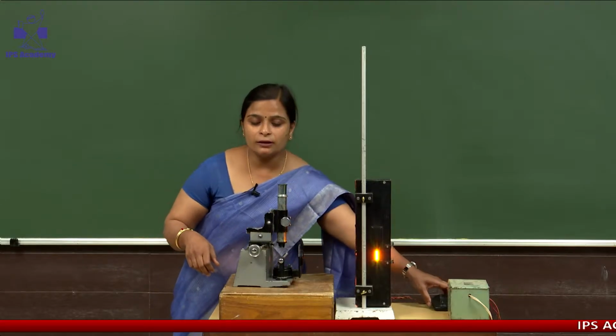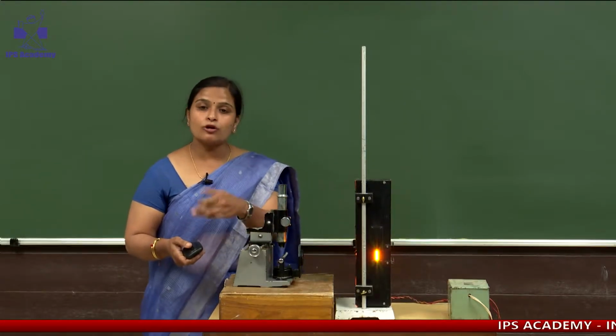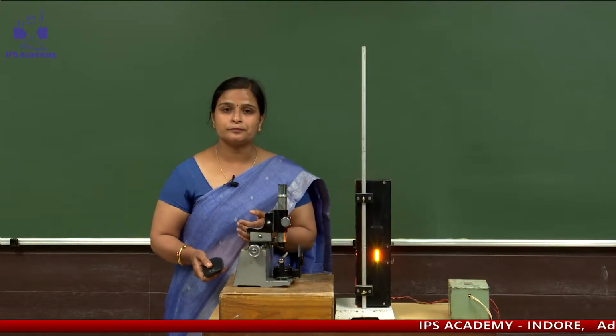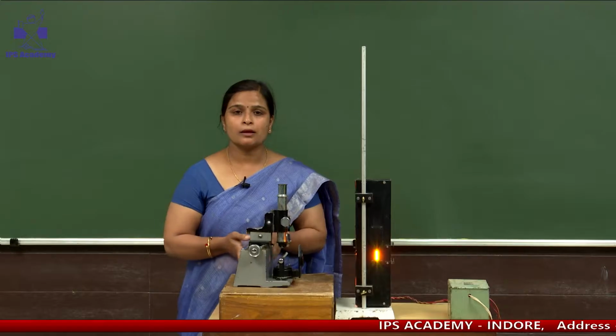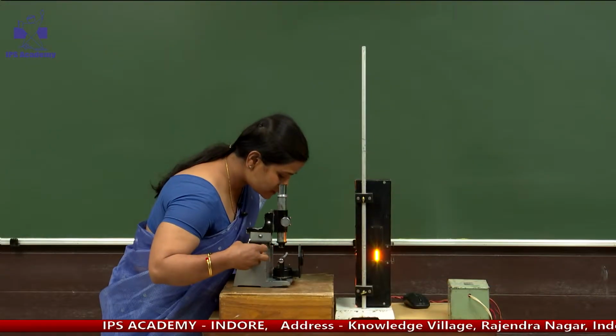I have rotated this scale in the clockwise direction to set the ring position at the fifth ring. You can see the position here. I have set the cross wire on the fifth ring of the left hand side.